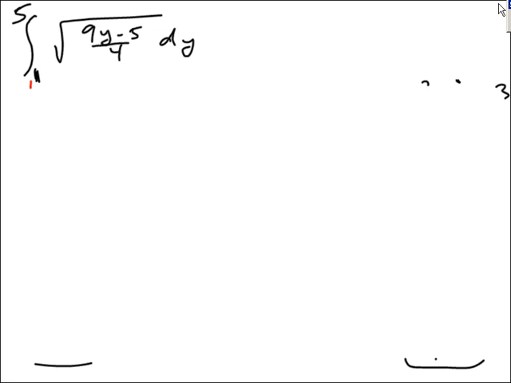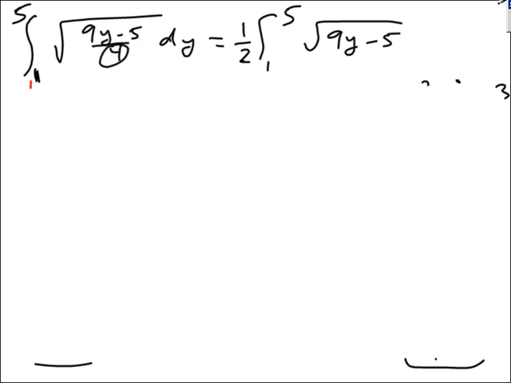Okay. Square root of 4 is 2. I'm going to pull out the 2. And of course the 2 is in the bottom because the 4 was. So now we need to integrate 9y minus 5 dy. That's a U-substitution.